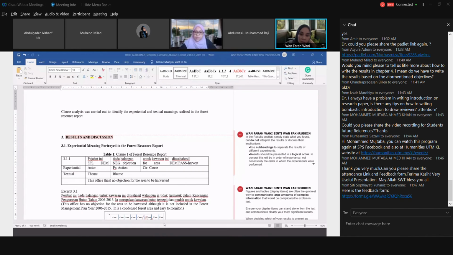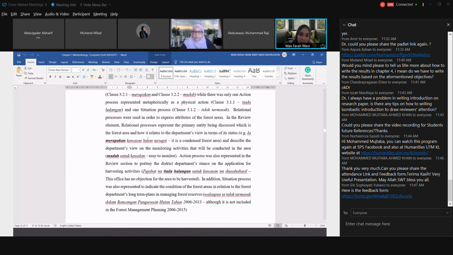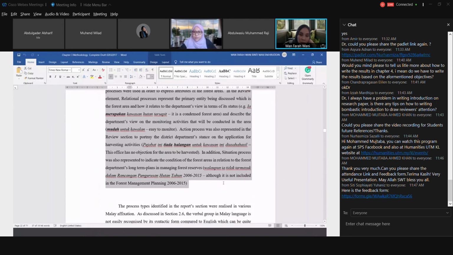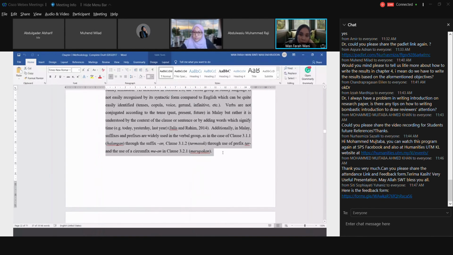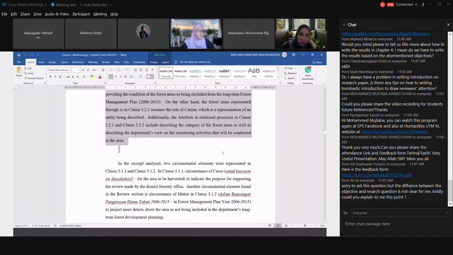I am looking at my chapter 3 because my preliminary results, I put them there. You can just cut and paste first, but you have to rewrite, not just leave it there like that.